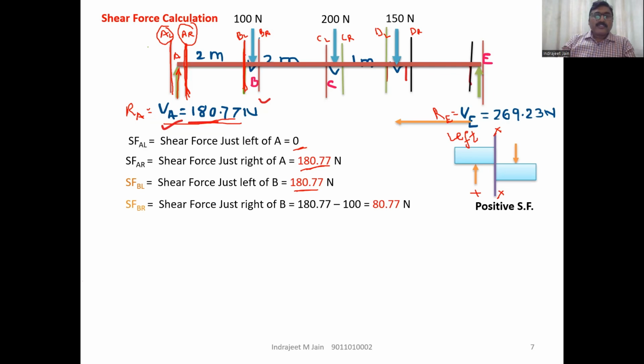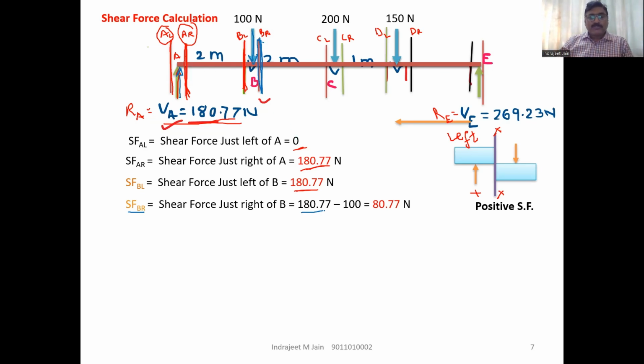The next section will be B right. See here, this is your section B right, just right of B, and we consider all the forces on the left side of the section. Now on the left side of the section, this is an upward force and this one is a downward force.